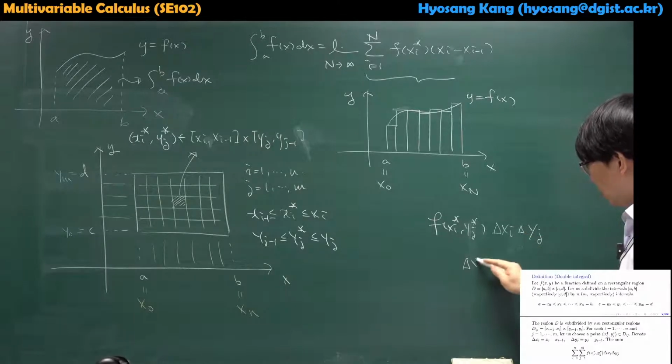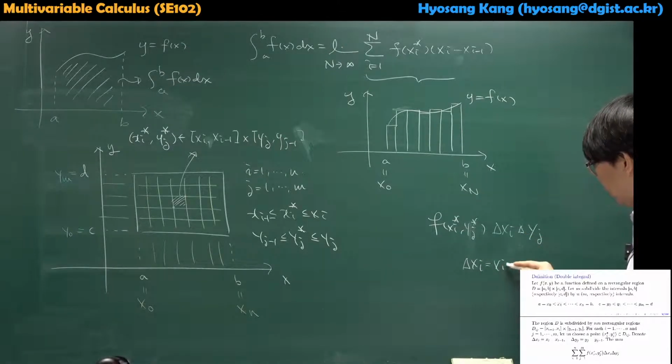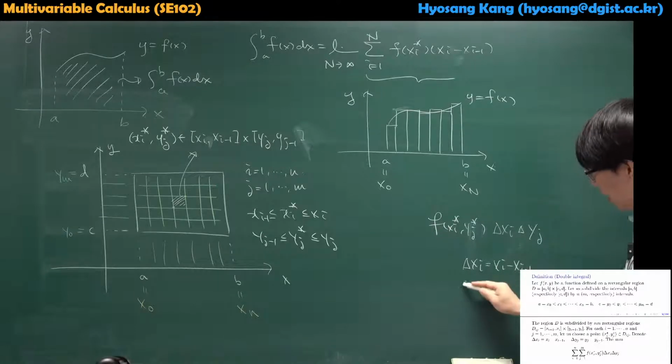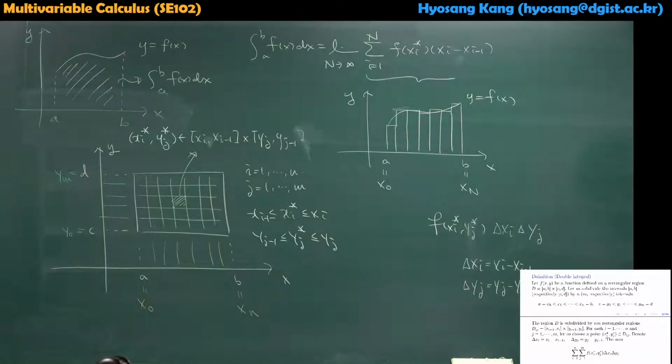Here delta xi is basically x_i minus x_{i-1}, and delta yj is y_j minus y_{j-1}. For simplicity, I wrote this symbol. And think about what this represents. We have the area of the ij-th subregion.